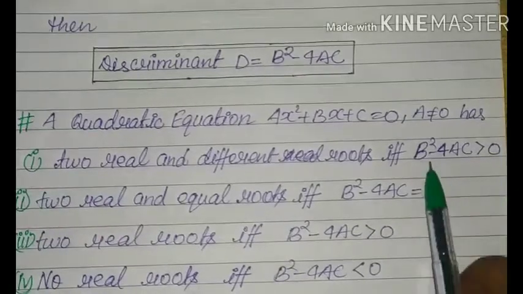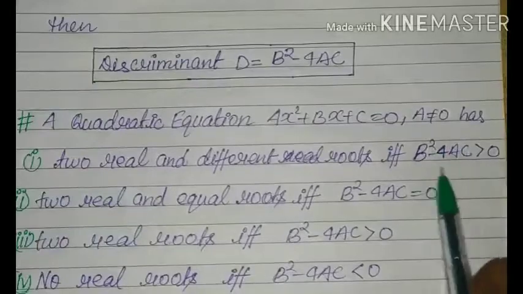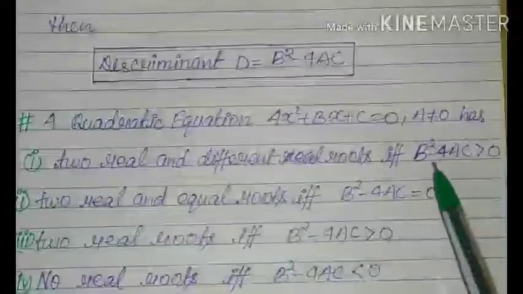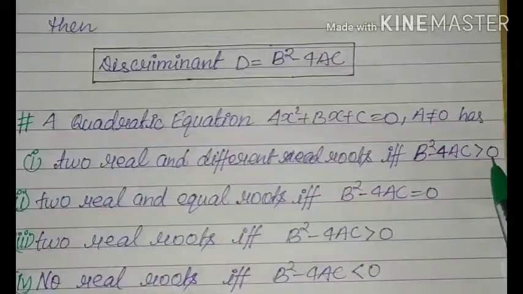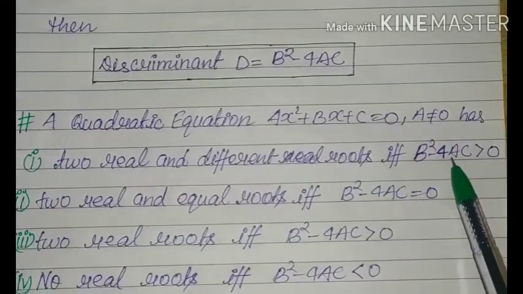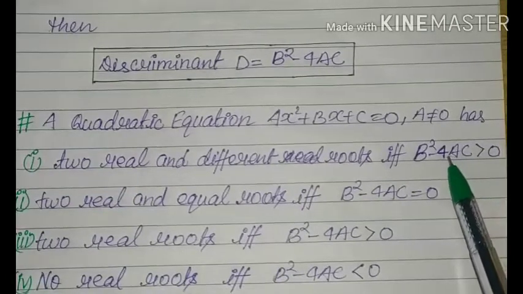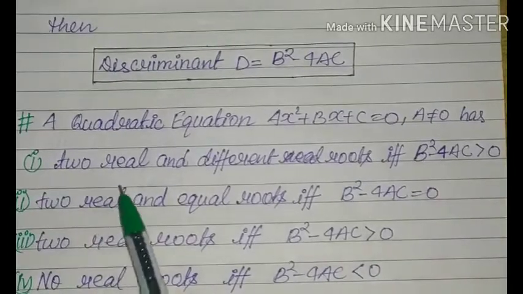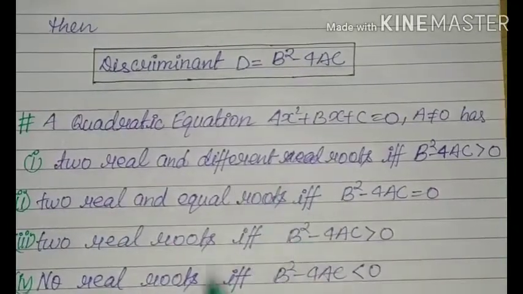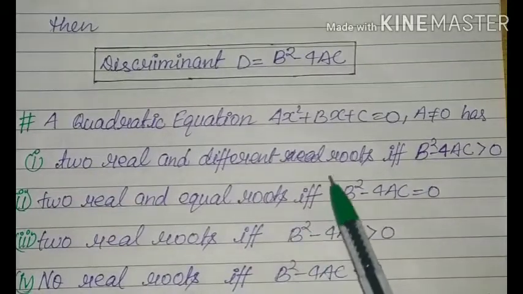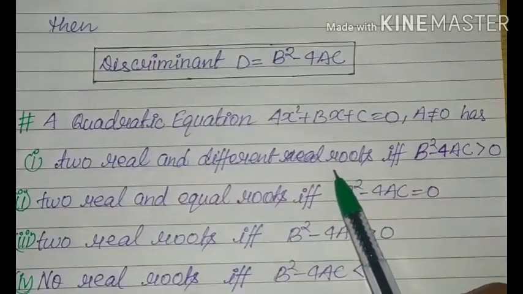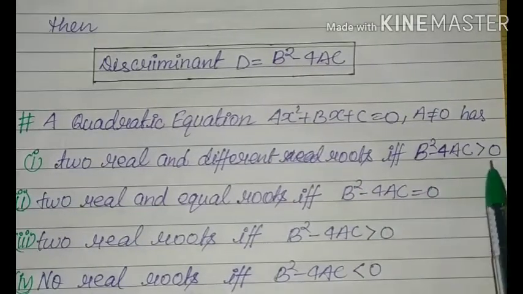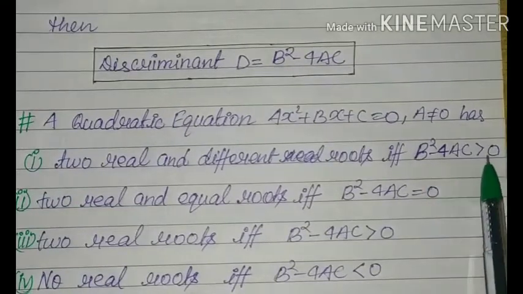It means if the discriminant, b square minus 4ac, which is D, is greater than 0, that is, the discriminant is positive, then the quadratic equation has two real and different roots. This is the condition for the roots being real and different. The discriminant should be positive, meaning b square minus 4ac is greater than 0.